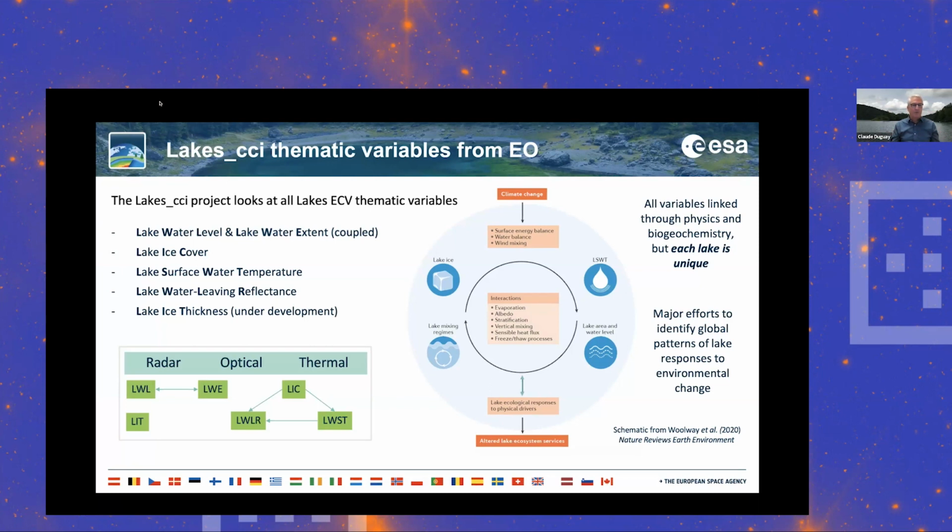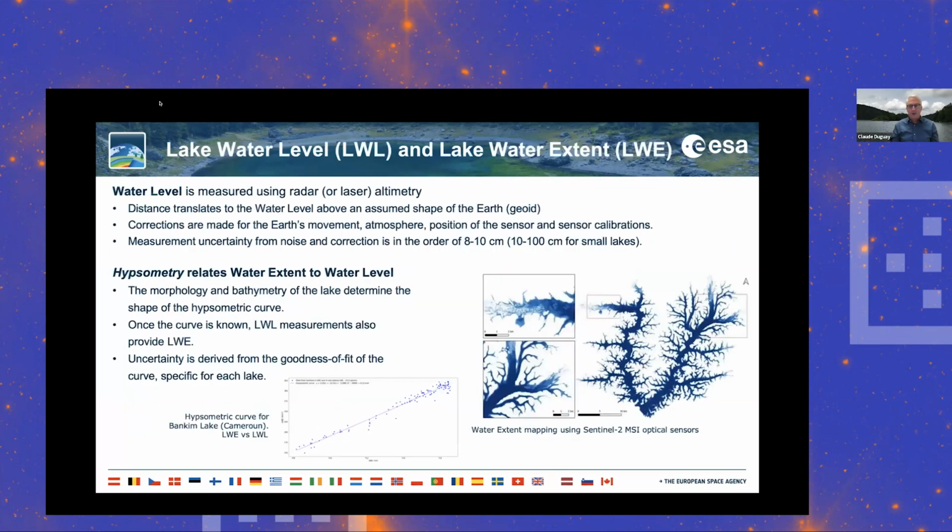So let's take a look, very briefly, at 5 slides that will cover the thematic variables. The first thing is water level. This is derived from radar altimetry, looking at data back from 1992 over a sample of lakes around the globe.